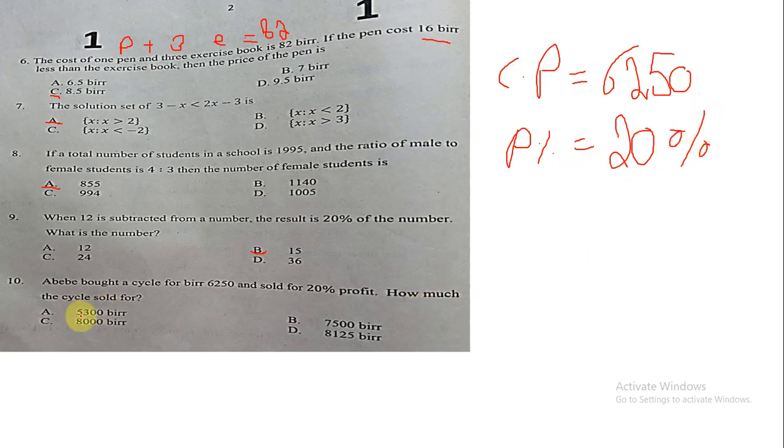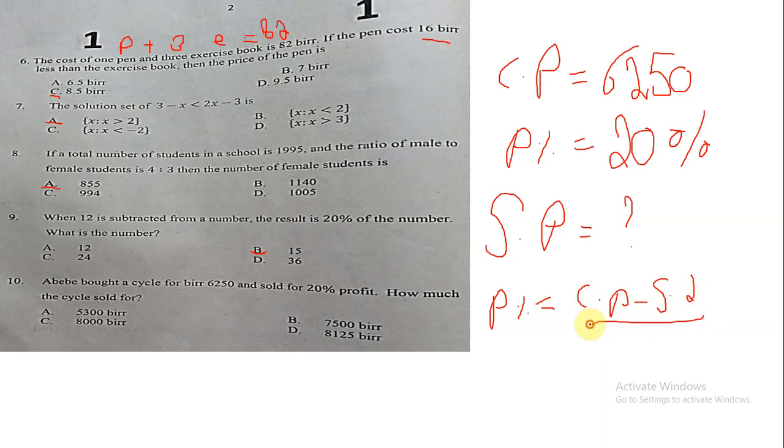How much is the cycle sold for? So that means sold price is equal to what? Okay, here profit percent is equal to what? Sold price minus cost price over cost price, right, times 100.